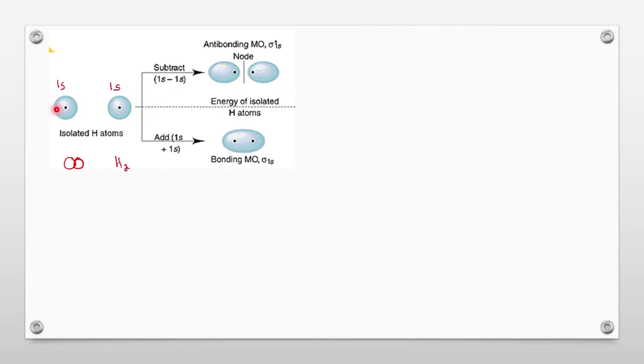When the two atomic orbitals subtract, you get a molecular orbital where the electron density is 0 in between the two nuclei, that is, there is a node, and this is called the anti-bonding molecular orbital sigma star 1s. So when a sigma bond is formed, there are two types of molecular orbitals: sigma bonding and sigma star anti-bonding. This is the overlap of two 1s orbitals.